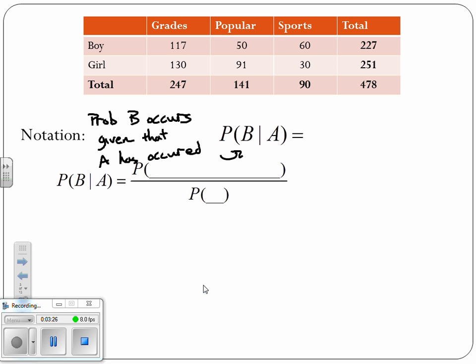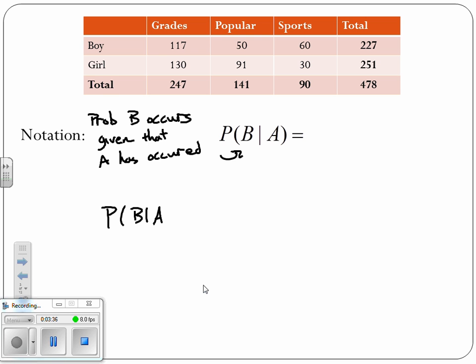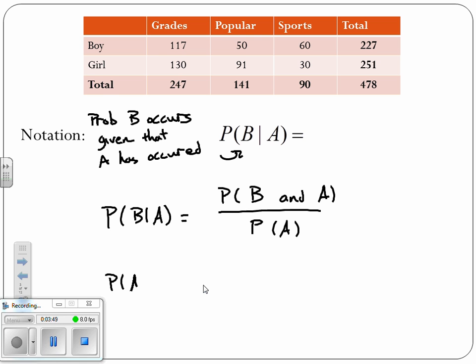In order to set this up, there's a formula for us. I'll just write it out myself. The probability of B given that A has occurred, this is one we want to pay attention to, is the probability that B and A happen over the probability of A. We could also write the probability of A given B, and that would be the probability of A and B over the probability of B. A quick way to remember this: the second one is always the one that's in the denominator.